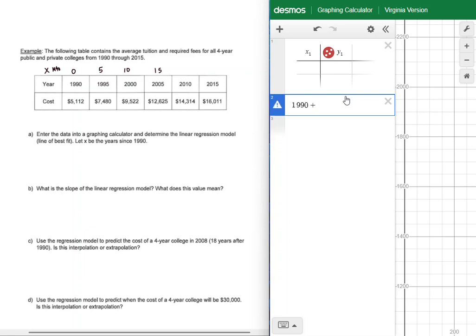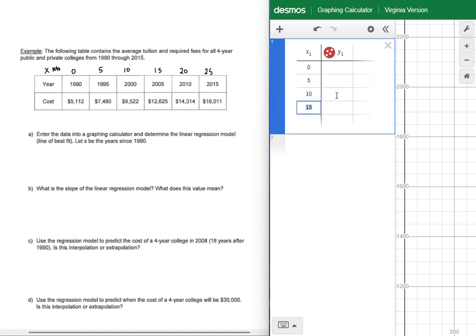1990 plus 20 should give me 2010. Yep. 1990 plus 25 should give me 2015. Okay. All right, so that's that. Let me go ahead and plug the data into the table. So you have 0, 5, 15, 20, and then here I have 1990, 1995, 2000.